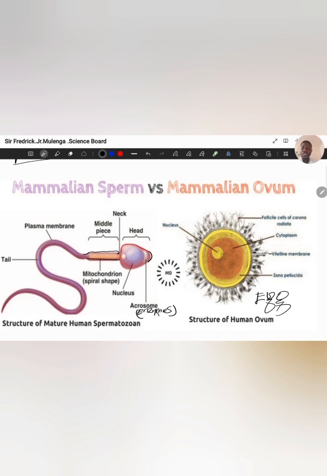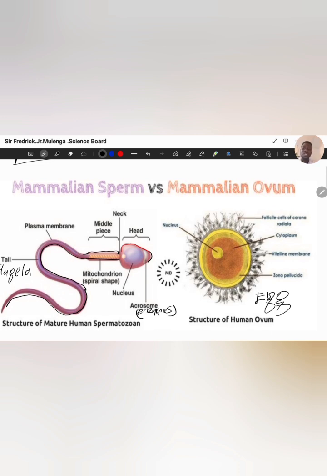So definitely, having a good number of mitochondria in the sperm cell ensures that the sperm cell has a lot of energy that is required for it to move. Again, it has a tail, which some books, when you read higher books, will call a flagella.